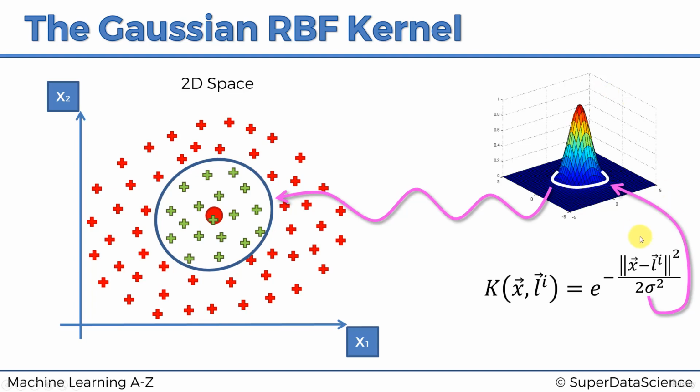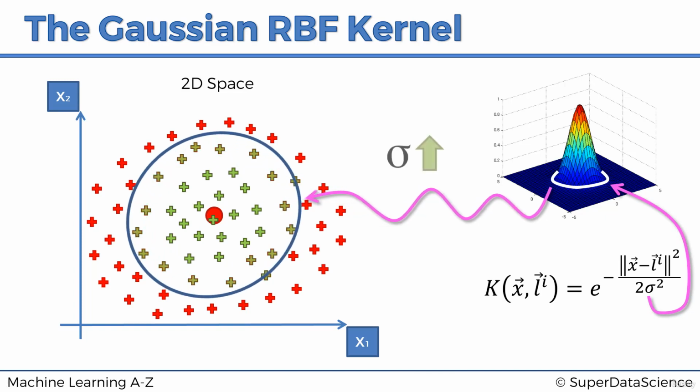Yes, we have this visual representation that involves a higher dimensional space, but if you look at the computational part, we were just calculating this formula, and then saying if this is equal to 0, then assign class red. If this is greater than 0, then assign class green. The computation is actually still happening in the two-dimensional space, and that's called the kernel trick.